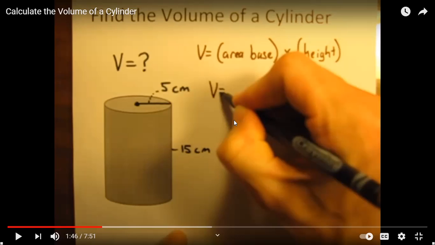Multiply 5 squared, multiply 15. 5 squared multiplied by 15. Thank you. So the answer, can you calculate it? 77.5. So we'll check the answer together.